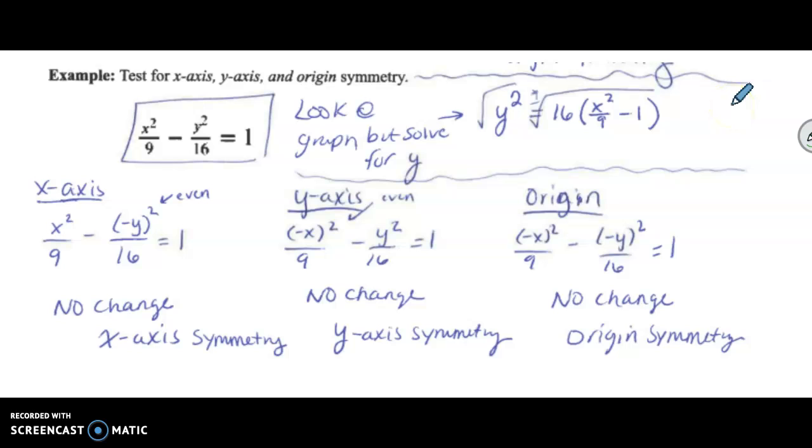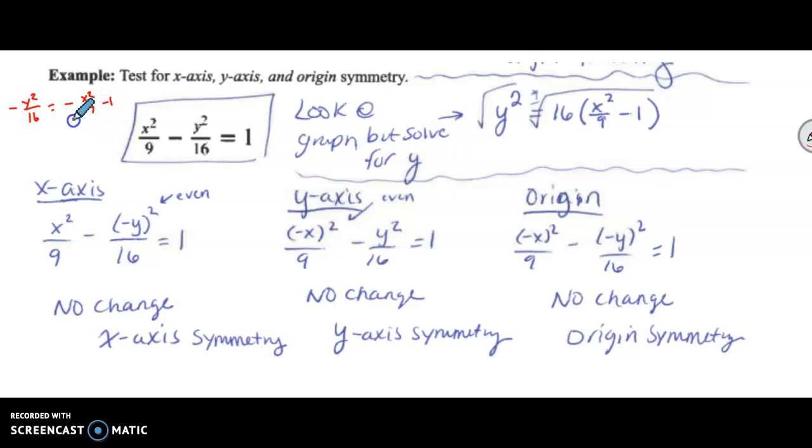So in this slide, I know there's a lot going on, so let me explain how we got all this. In order to put it into the calculator, we solved for y. We kept it as a fraction, and we simply subtracted the first left fraction over to the other side. Then we've got negative y squared over 16 is equal to negative x squared over 9 minus 1.